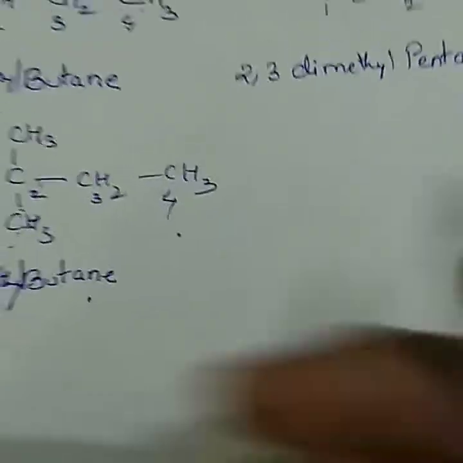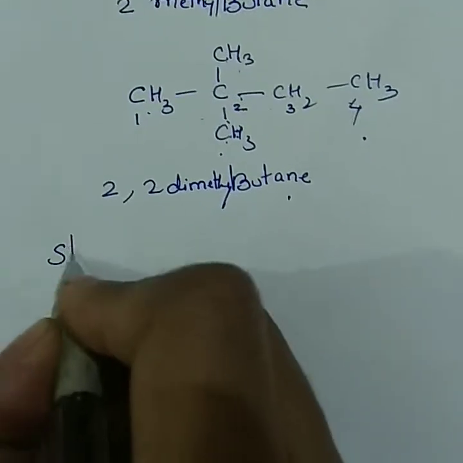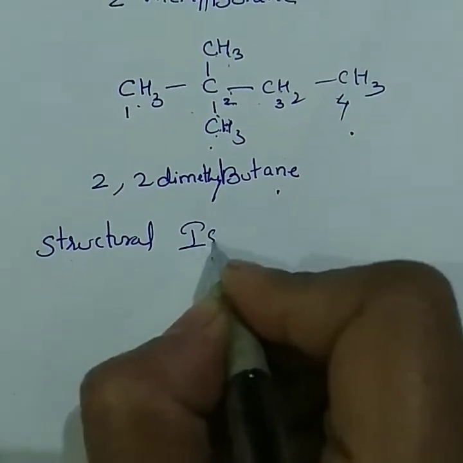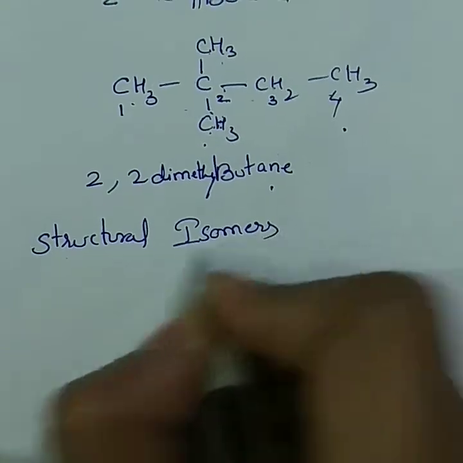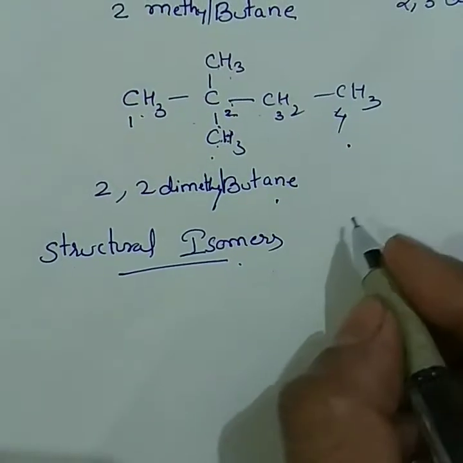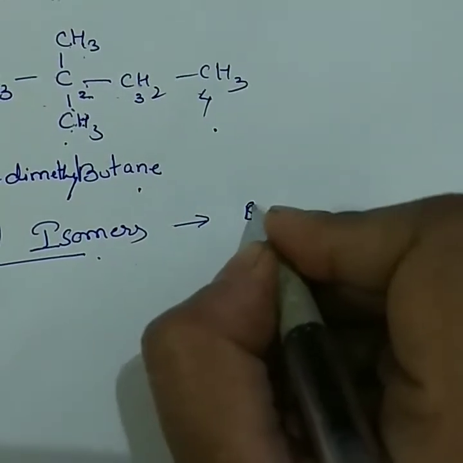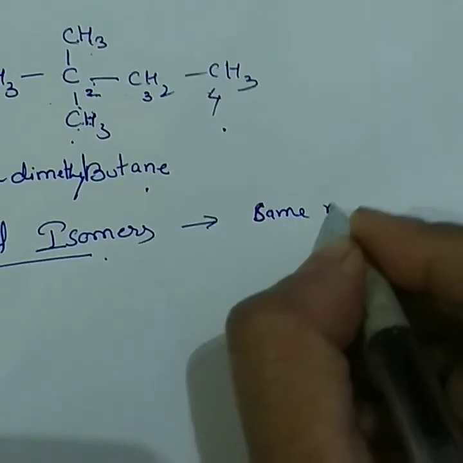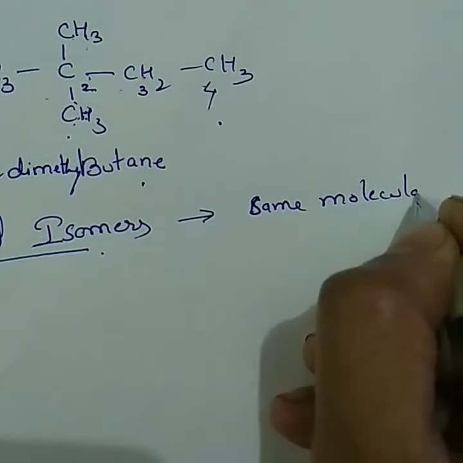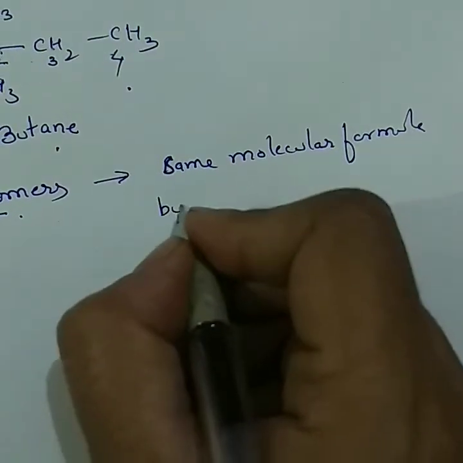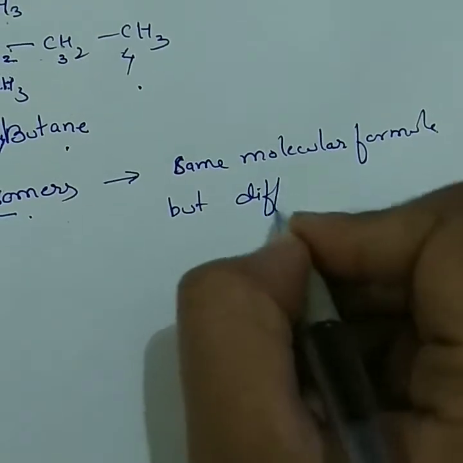In branched compounds we have a topic called structural isomers. What are structural isomers? Structural isomers are compounds with the same molecular formula but different structures.